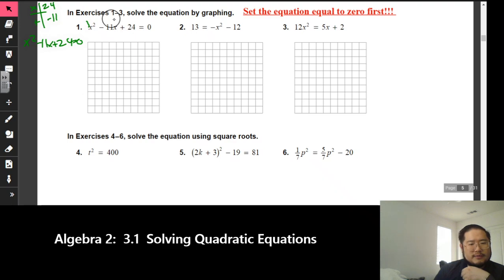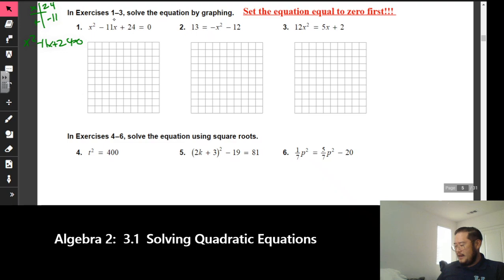So that's no good. So we got to try again. Then you can try 6 times 4, which gets us 24, but 6 plus 4 does not get me negative 11. So we keep trying.